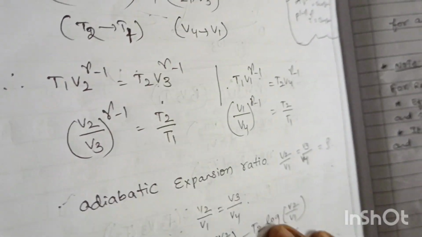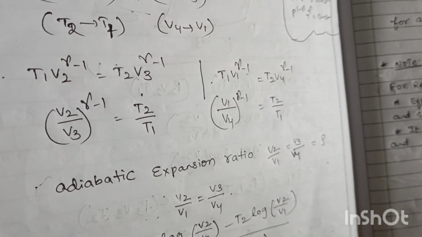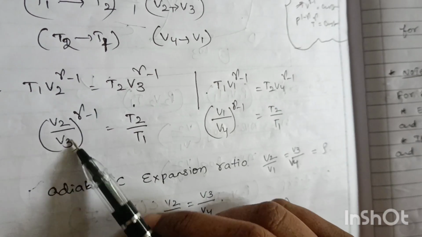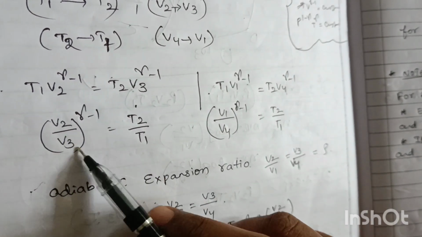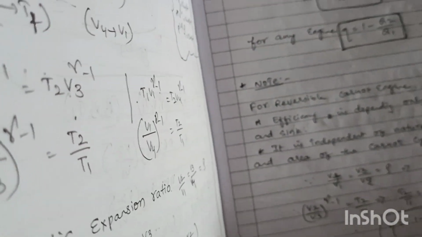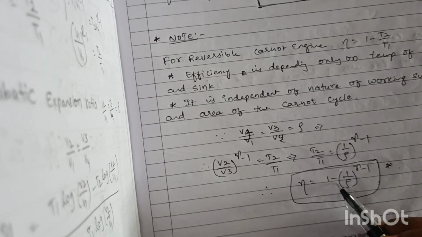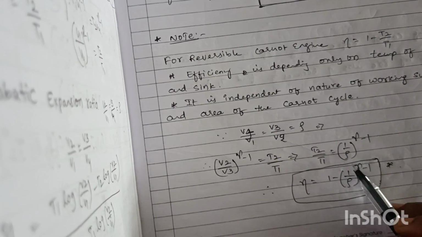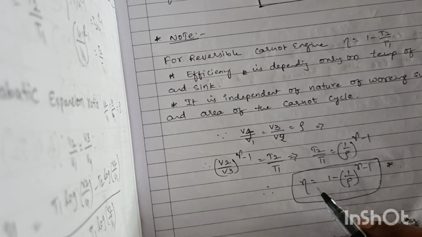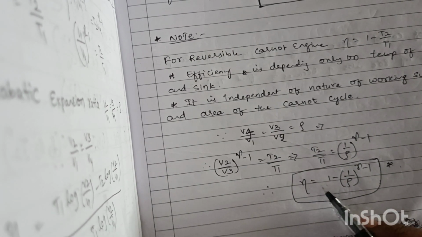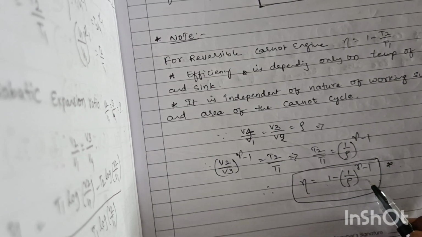So V2 by V3 we can write as 1 by rho. T2 by T1 equals (1 by rho) to the power gamma minus 1, so substituting this into eta equals 1 minus T2 by T1, the efficiency eta is equal to 1 minus (1 by rho) whole to the power gamma minus 1.